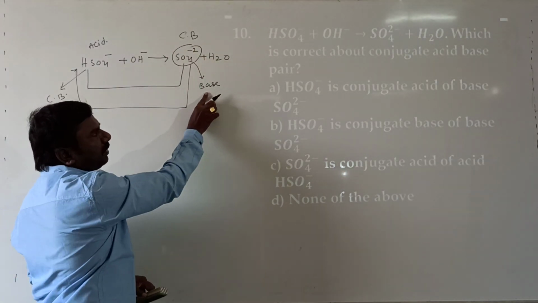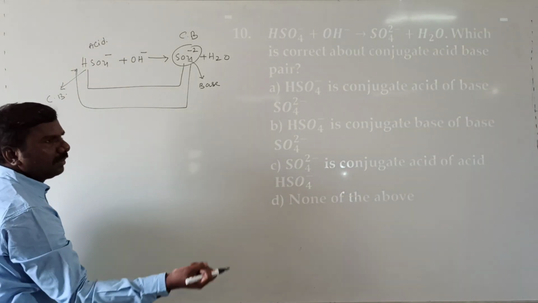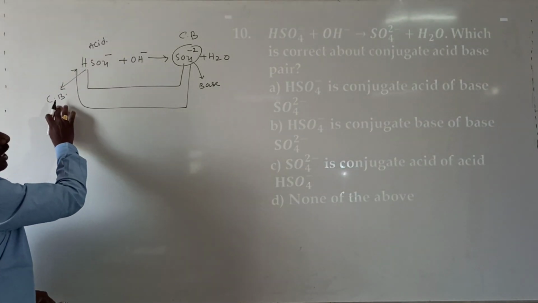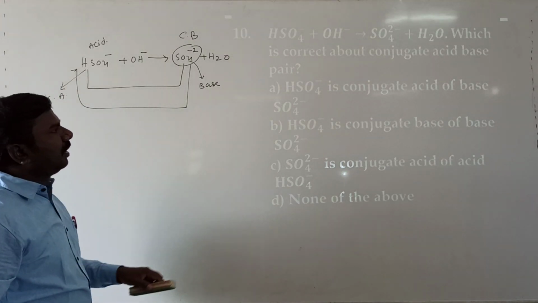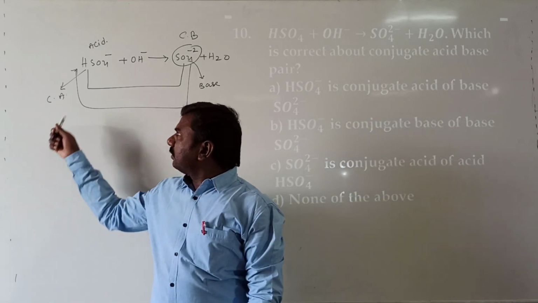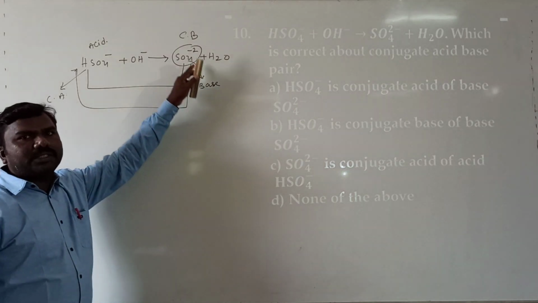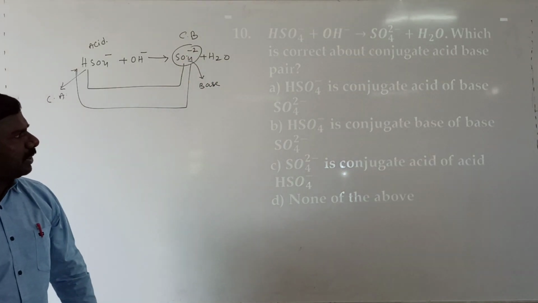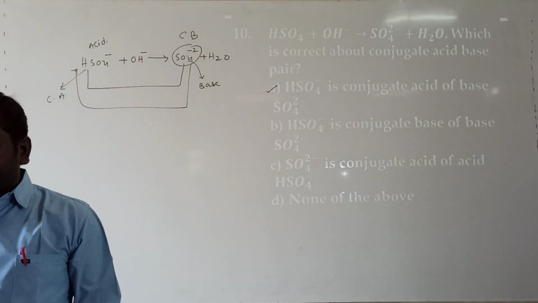SO4 minus 2, if you take it as a base, when it accepts the proton, the residual part is the conjugate acid. Then HSO4 minus is the conjugate acid of the base SO4 minus 2. Right? Option A would be the correct answer. Next.